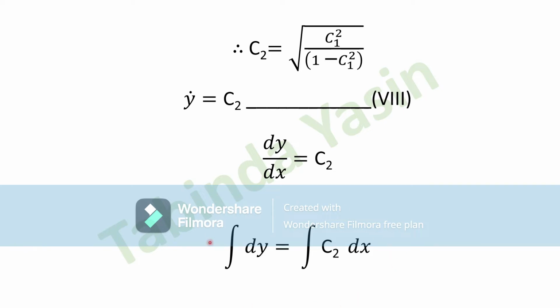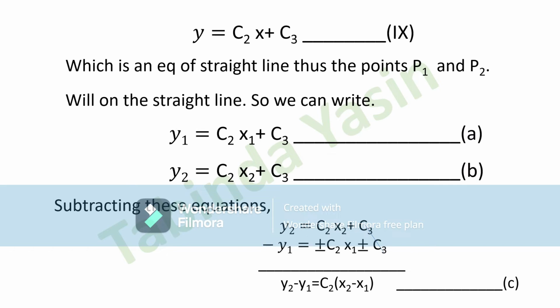Now after integrating, we will get y is equal to C2 x plus C3, where C3 is the integration constant, giving that equation number 9, which is an equation of a straight line.